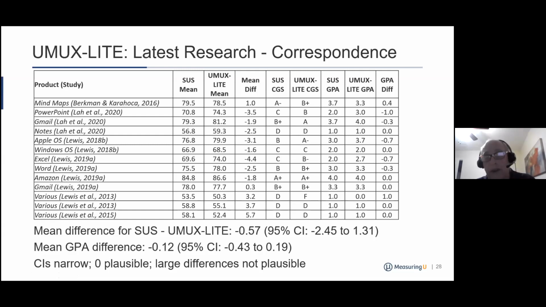And the confidence limits also show that larger differences than those that we're estimating here are also not plausible. The bottom line is the correspondence looks pretty good. And what that means is that you can reasonably use the large body of SUS norms for the interpretation of the UMUX-LITE.